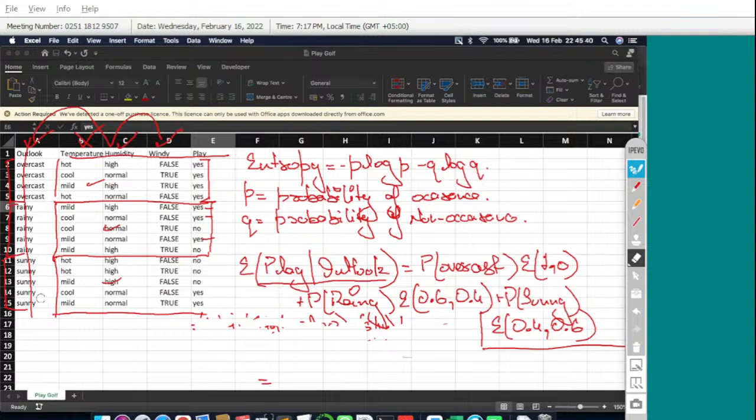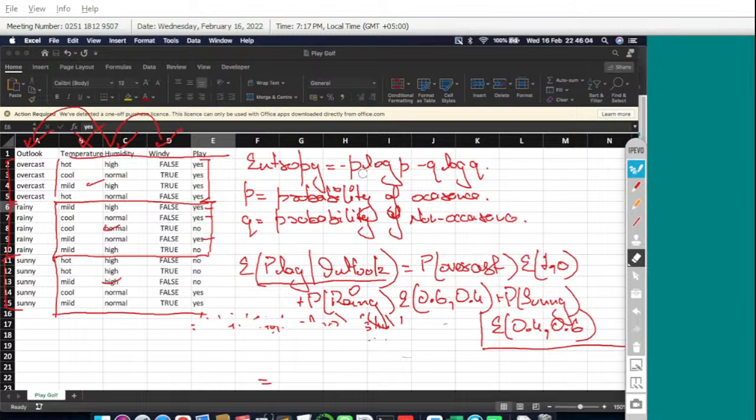That's why outlook is being utilized first. We calculate the entropy as minus P log P minus Q log Q. We calculate the entropy for all the columns, and the outlook column has the least entropy. That's why we used this column for the initial split.